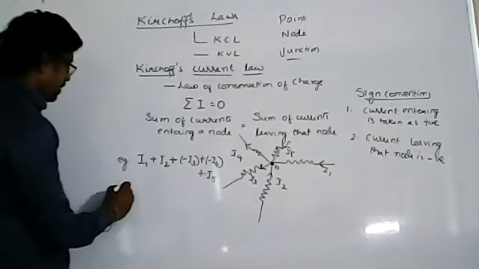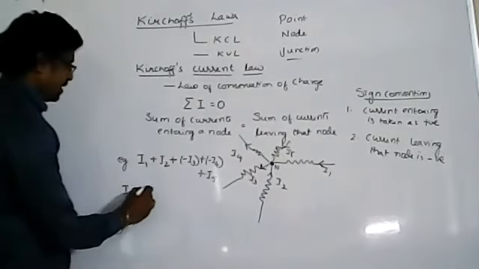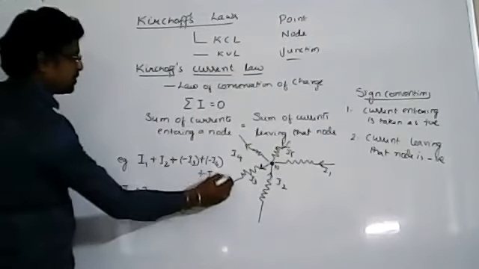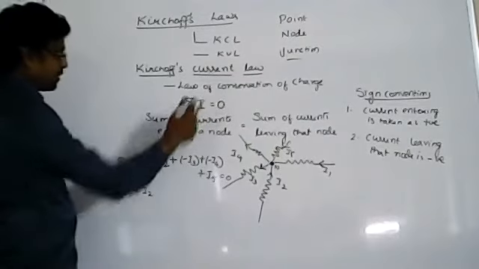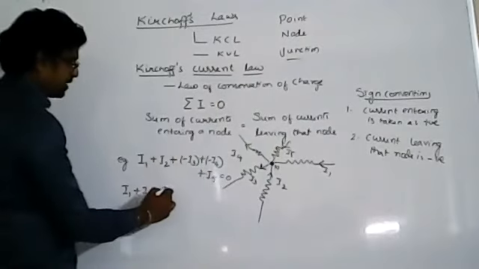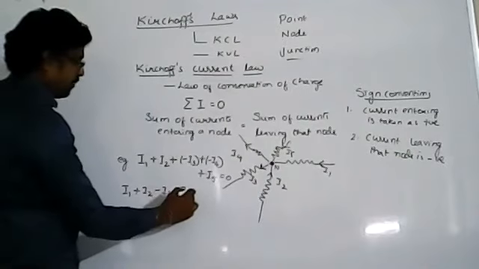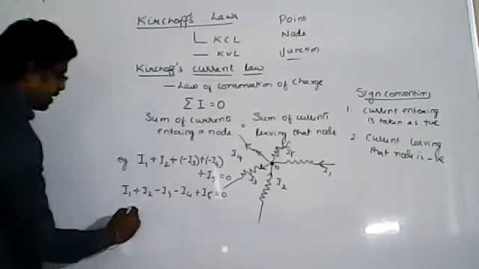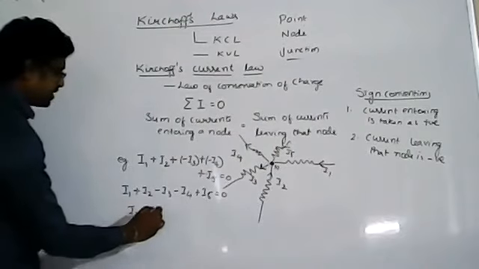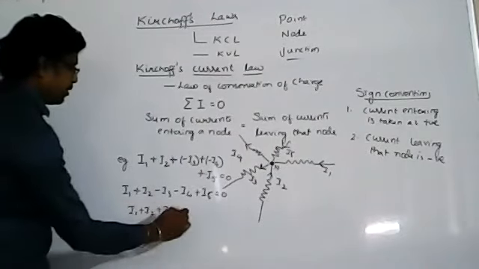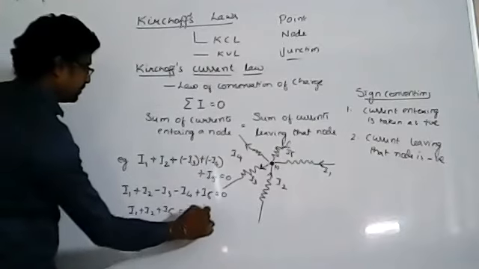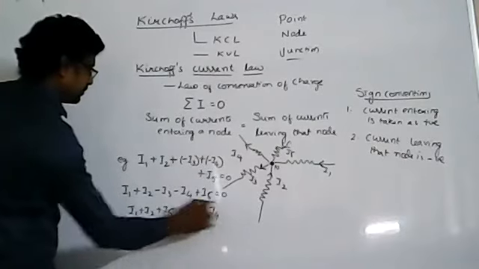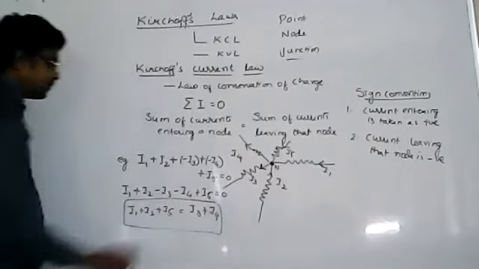So I1 plus I2 minus I3 minus I4 plus I5 must be equal to 0 according to Kirchhoff's law. So I1 plus I2 plus I5 equals I3 plus I4.